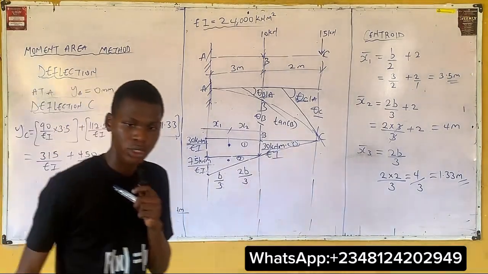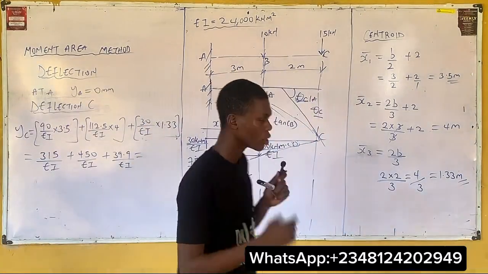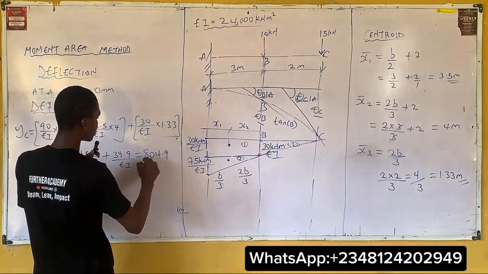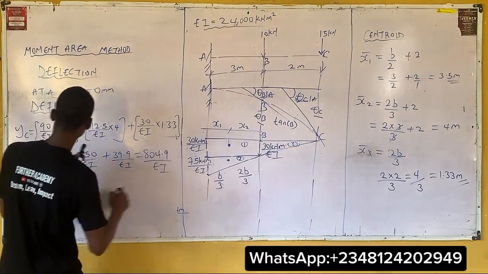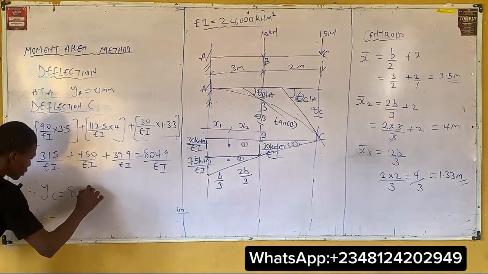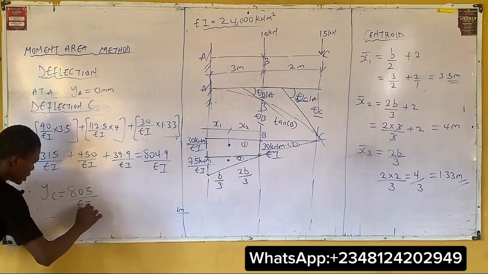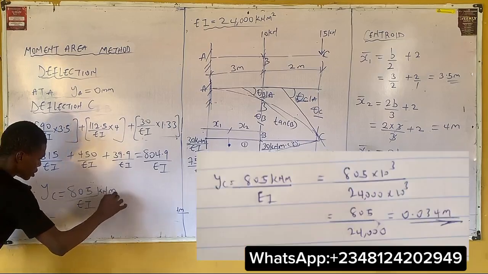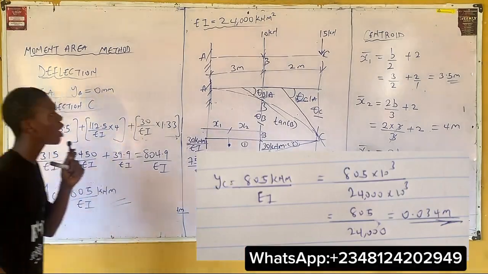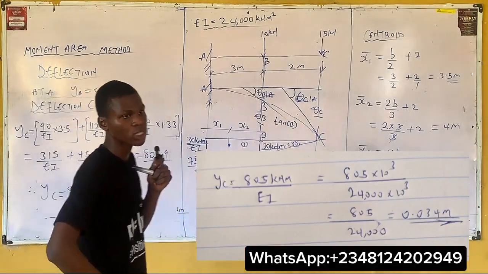Input it in your calculator. What do you have? 804.9 over EI. Therefore, the deflection at C is approximately 805 over EI kilonewton meter.